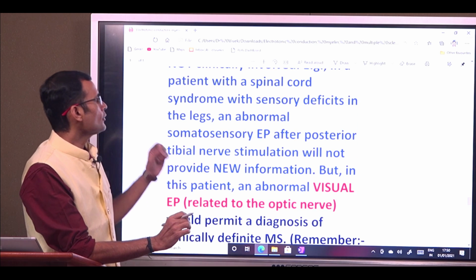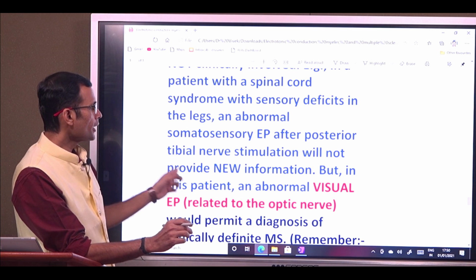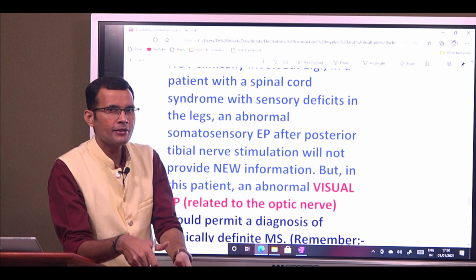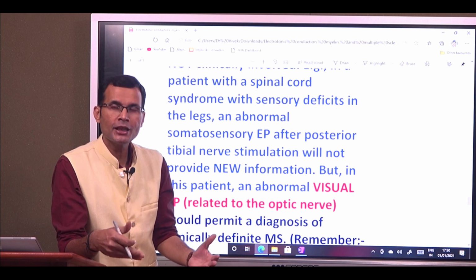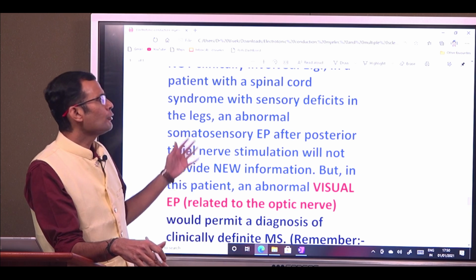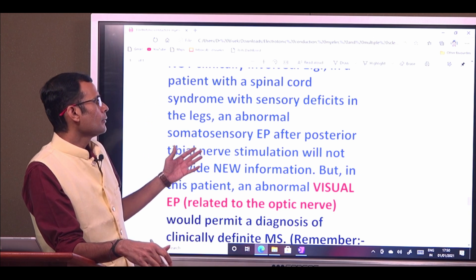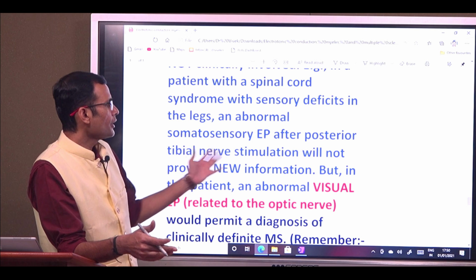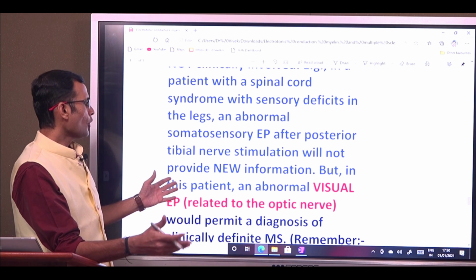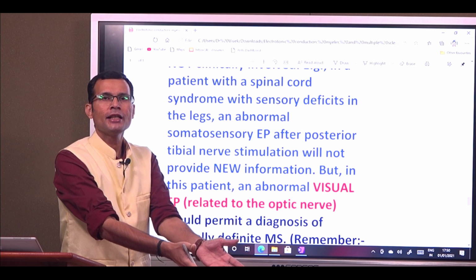If you perform an evoked potential test on the leg, let's say with stimulation of the posterior tibial nerve, and find an abnormal somatosensory evoked potential, that will not provide any new information because it's already clinically evident.